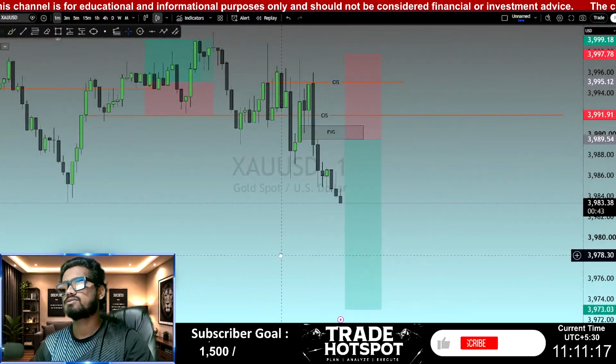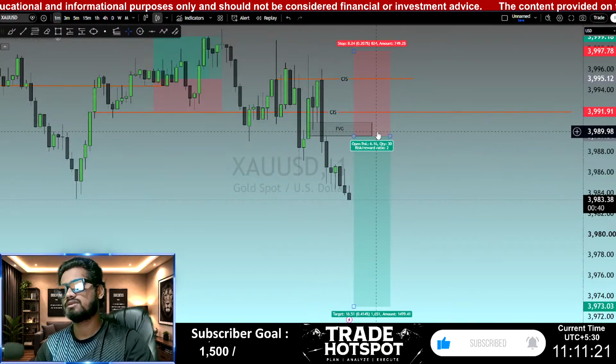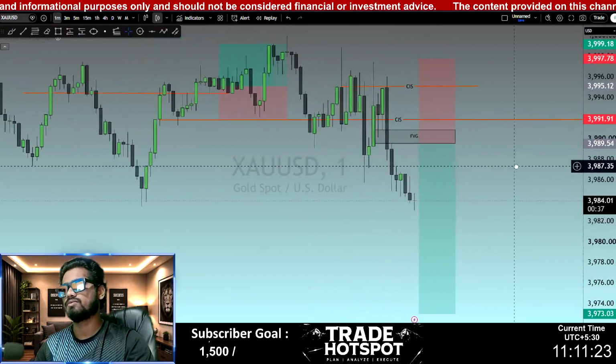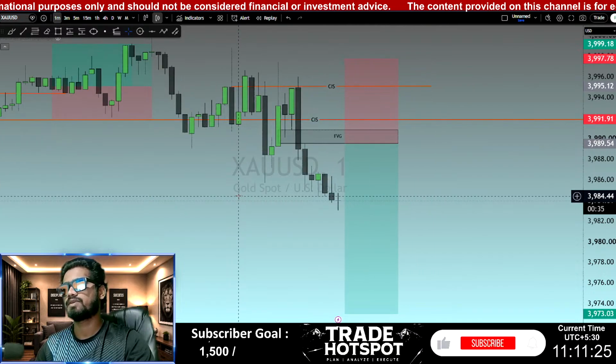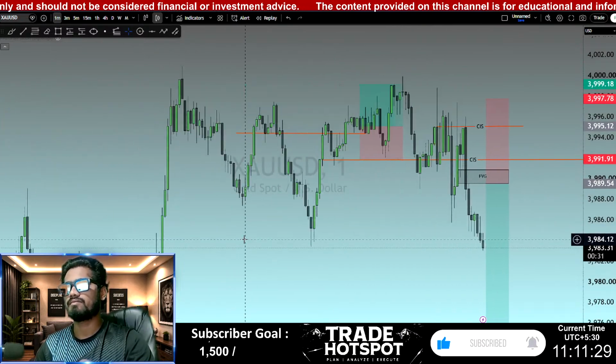Okay, so you can think for this trade if the market will retest on this point of interest, right? So you have to be careful or can wait here for this trade, guys.